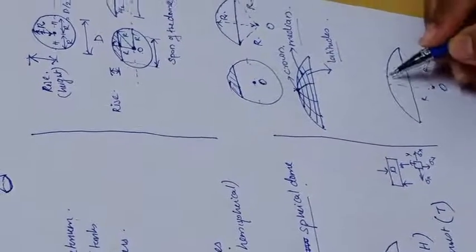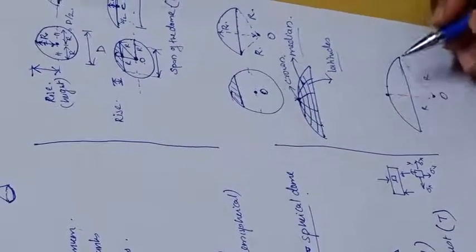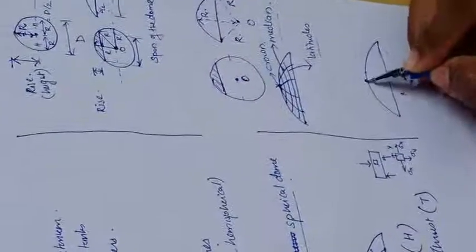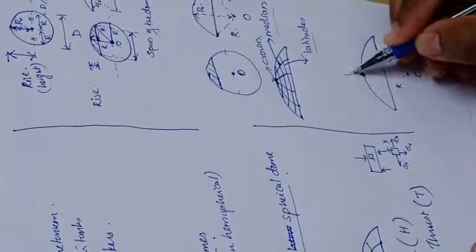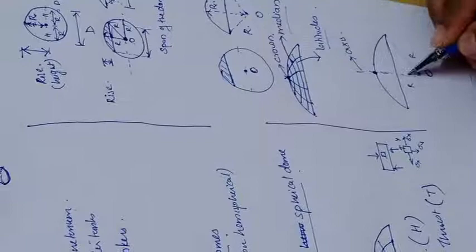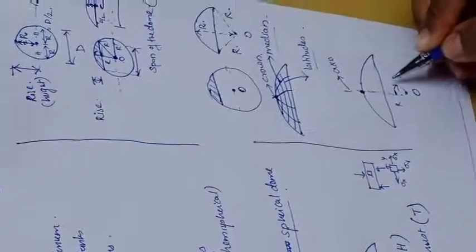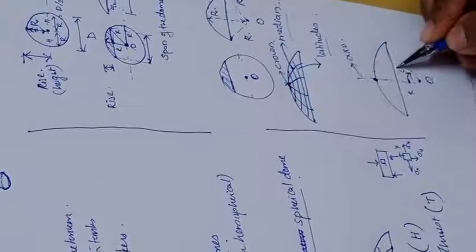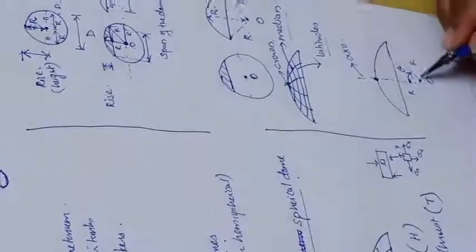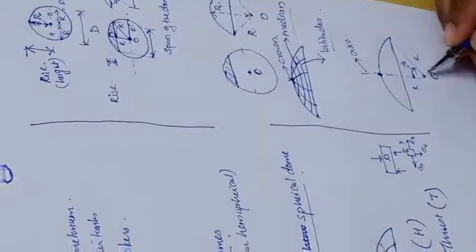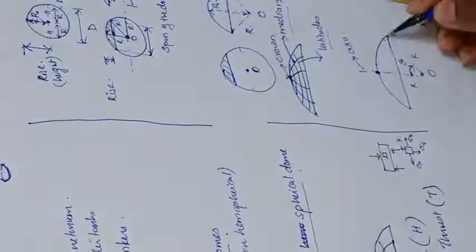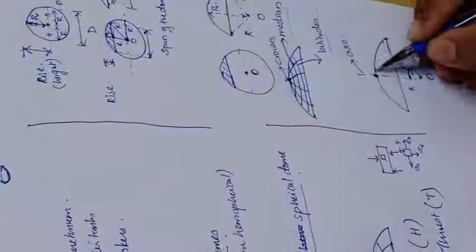We will find the hoop force and meridional thrust at different locations, starting from the axis. From here we will measure different angles, and this is theta, the angle between the axis and any point on the surface.